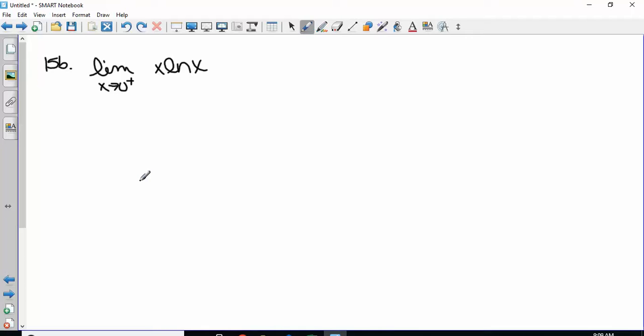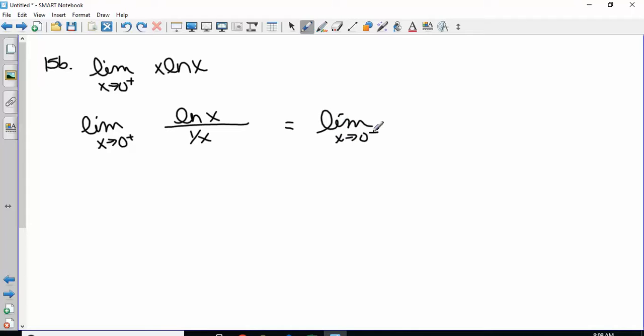So our strategy was to move one of these things to the bottom by dividing by its reciprocal. Now I would rather not have the reciprocal of a natural log, so what I'm going to do is move the reciprocal of x to the bottom. So that's 1 over x, or you can think of this as natural log of x over x to the negative 1.